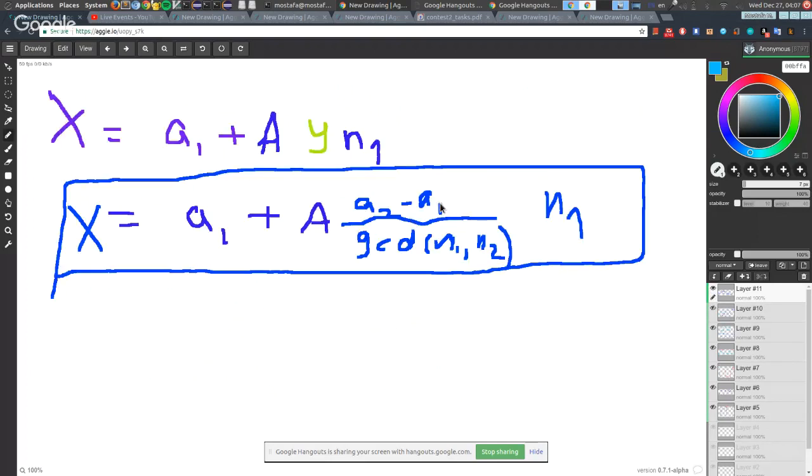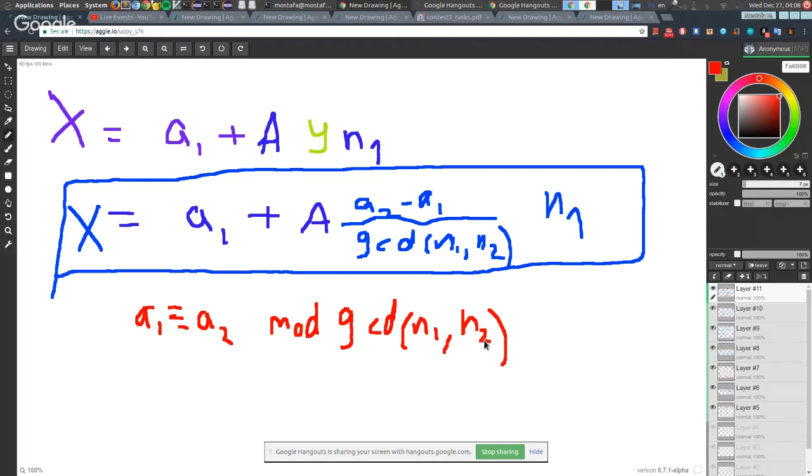If it's not a multiple, then these equations are not solvable. The other way to say that is that a1 is equivalent to a2 mod GCD. This condition we have to check before we actually compute the solution, and if it's not true, then we will not solve the problem. If it's true, then we can just use it and compute this equation.